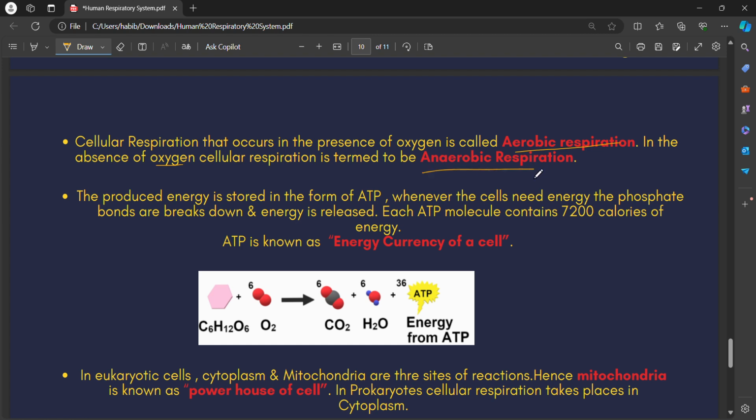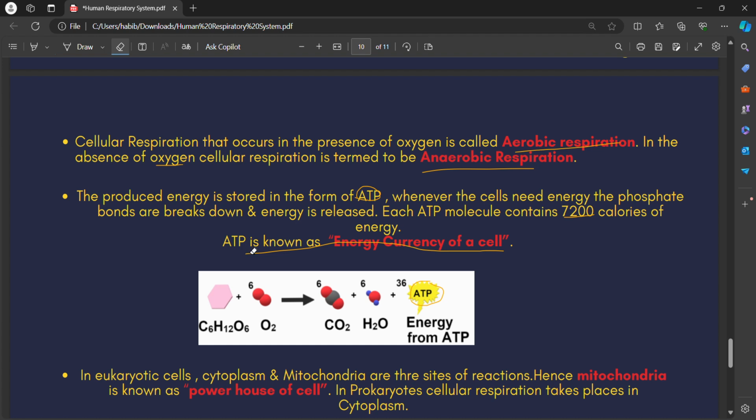So when we are saying that energy is released in both processes, ATP is formed. ATP is nothing but a component that stores energy, and basically 7200 calories of energy is stored in each ATP molecule, hence it is considered to be the energy currency of the cell.